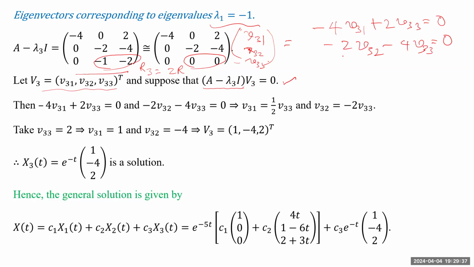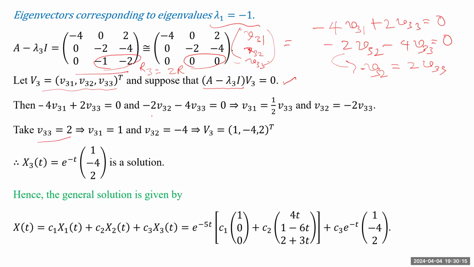Of course we can simplify: minus V32 is equal to 2 V33. So when we choose V33 equal to 1, then you will get V32 is equal to minus 2. Or whatever the possibilities, you can verify that.